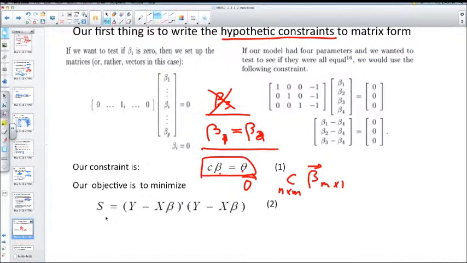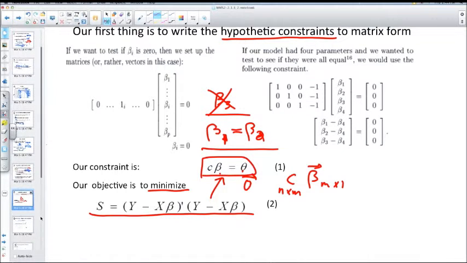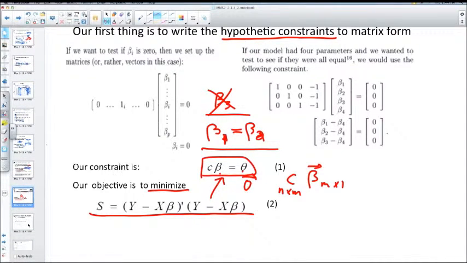So besides the original problem, where you try to minimize this least square residue, you add another constraint. That's your hypothesis. Well, you can carry on the same statistical analysis.